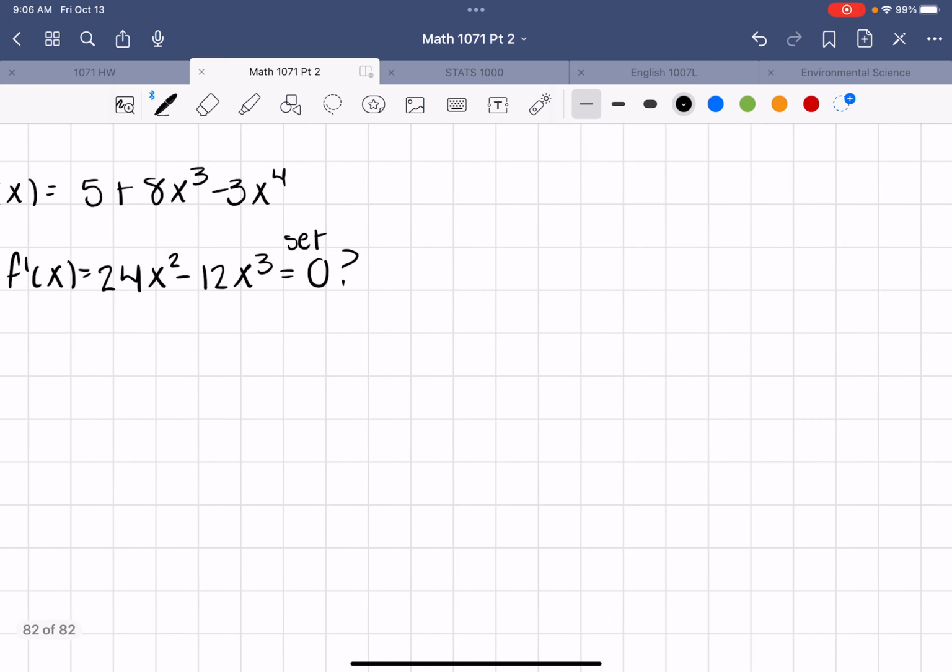Go back to the original. Some people go back to the first derivative, but naturally you'll get 0 because that's where the critical point came from. So go back to the original. There you have 5. And I need the y-coordinate at 2. Put 2 in. That's 5 plus 2 cubed is 8.